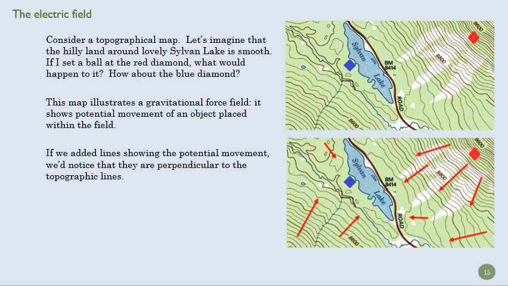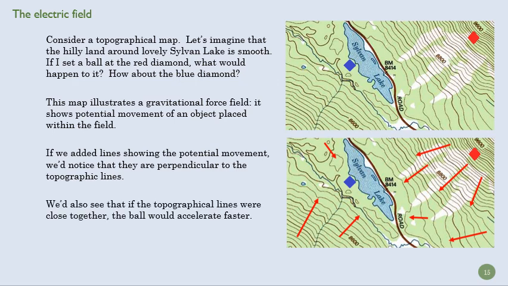And that motion is going to be perpendicular to what are called topographical lines, right? These are going to go in this direction down the hill. Here, this one's going to go a little more off in that direction. The ones on the other side of the valley are going to roll down the hill in this direction. So there's a relationship between the topographical lines and the direction in which a force would be applied to an object.